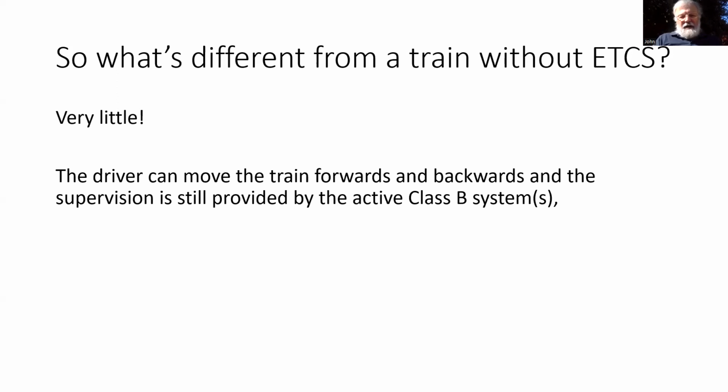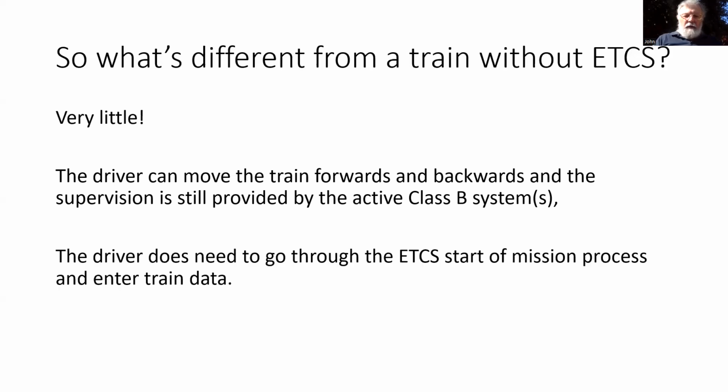Now, whilst ETCS only enables one STM to be active, it is not uncommon on some railways for multiple Class B systems to be active at the same time. The real change is that the driver needs to go through the ETCS start of mission process and enter train data.